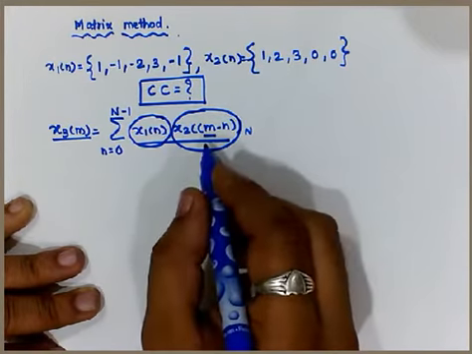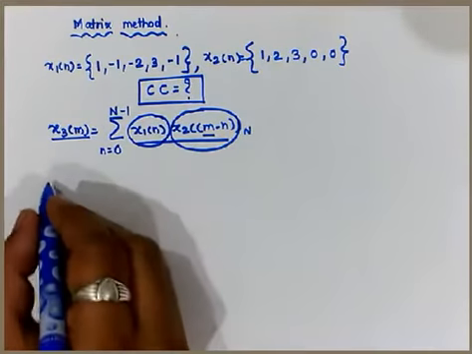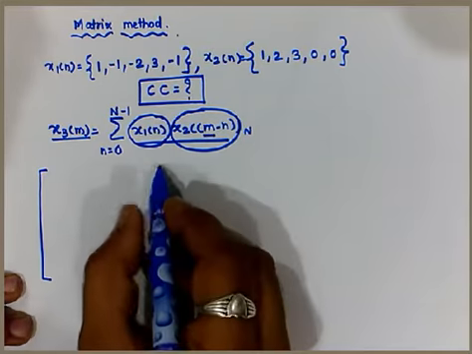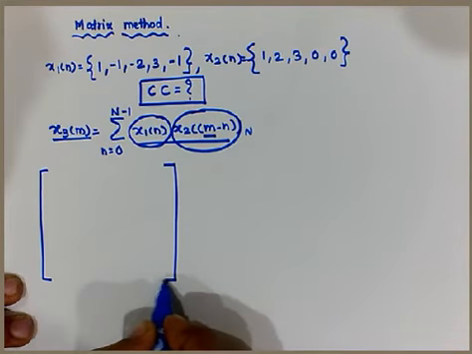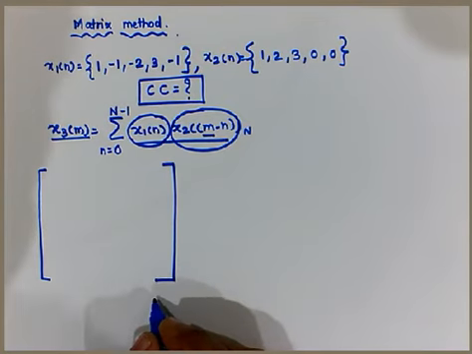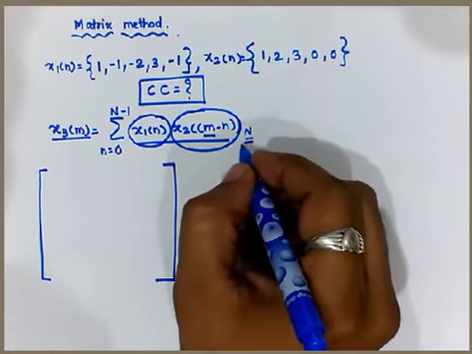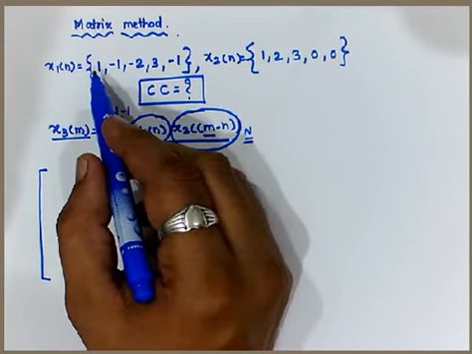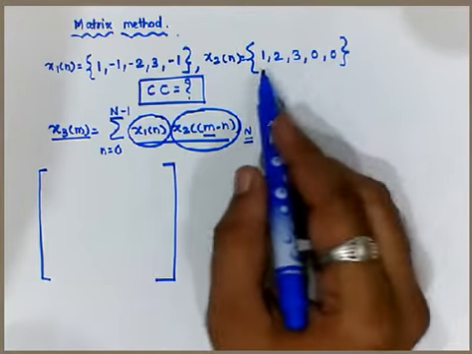So let's proceed to write one matrix for x2. This matrix will be of order N by N, where capital N is the number of samples available in x1 and x2. These two sample counts must be the same.